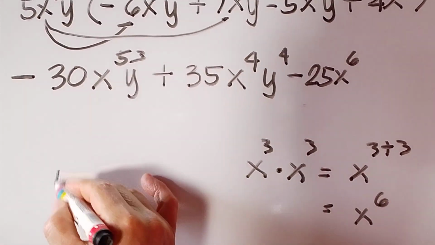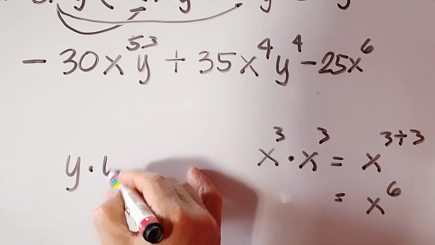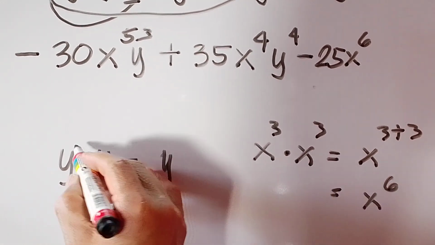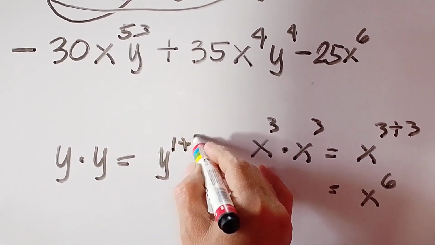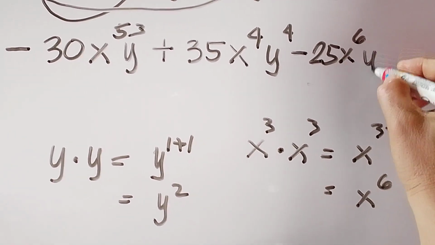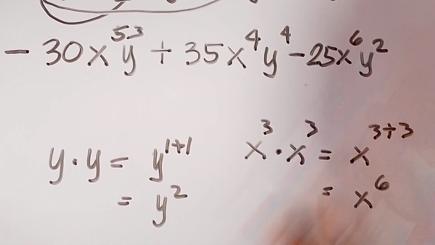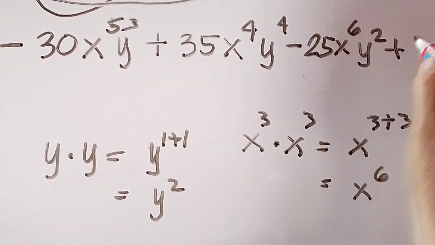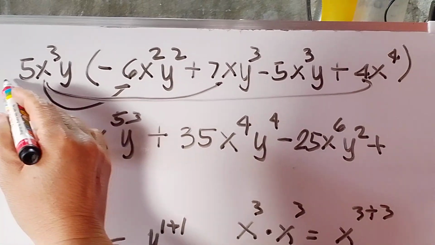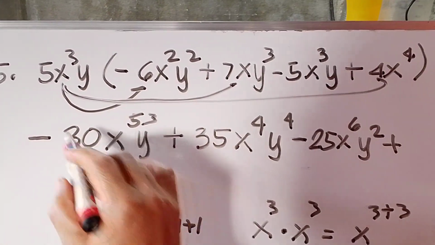And then we have y times y. Okay, there is 1, there is 1. So copy the base, 1 plus 1. So this will be y squared. And then the last term is the 4x to the fourth. Positive times positive is positive.